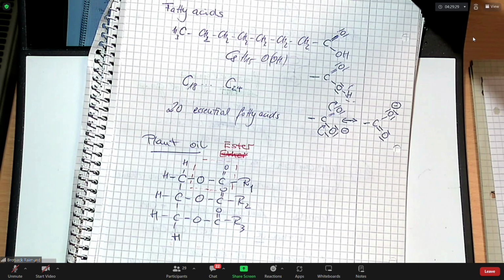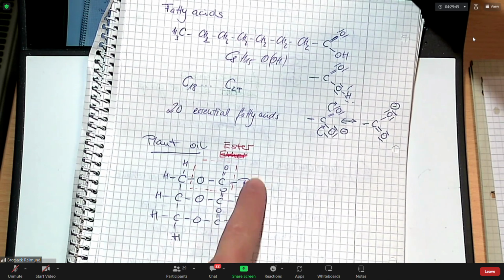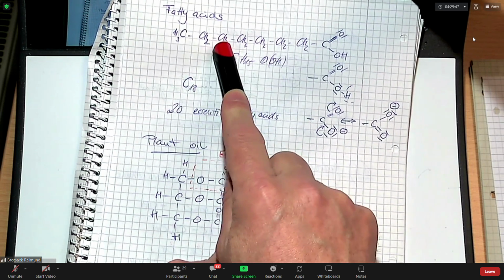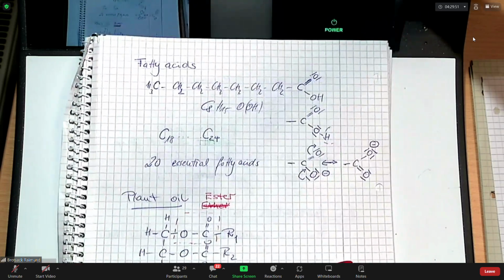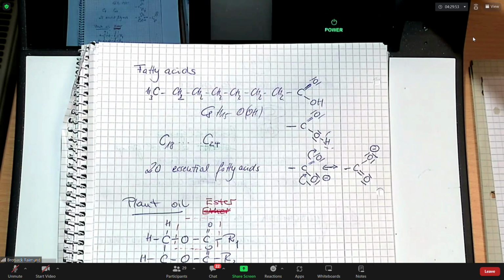And we have a lot of different plant oils, from palm oil, from nuts, from rape, from sunflower, whatever, olives. The difference is just the rest, the fatty acid. This structure is always the same. And they have different aromas, of course. That's an ester, not an ether.